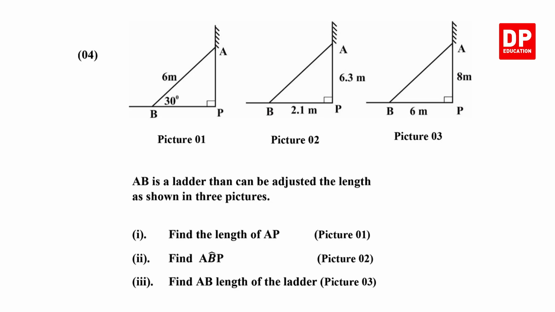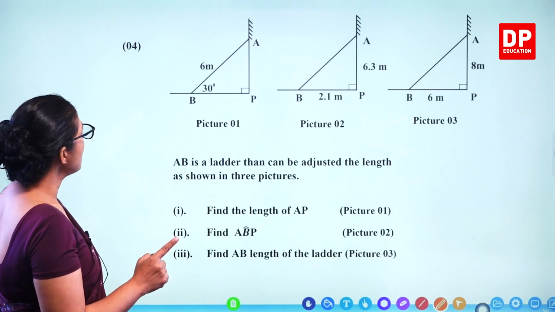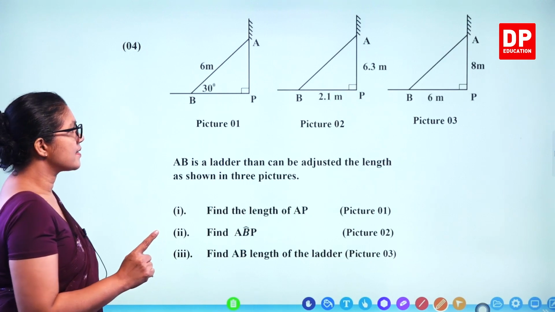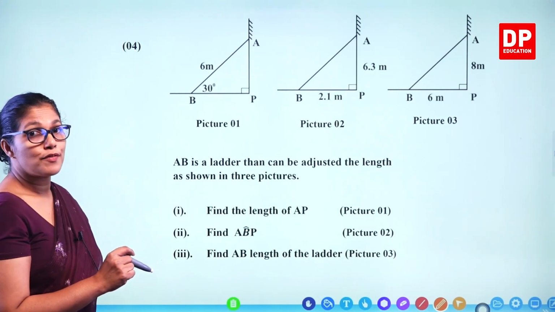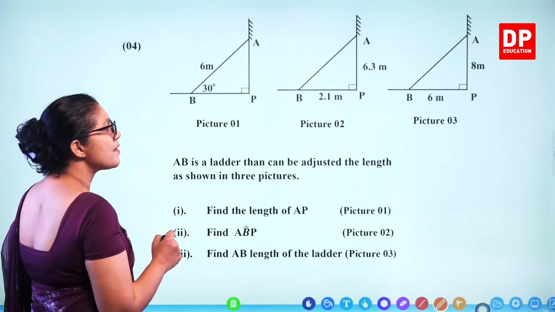Question number 4. So this is about 3 diagrams and you need to find out lengths and angles. So we'll see, you have to use trigonometric ratios, sometimes Pythagoras theorem.